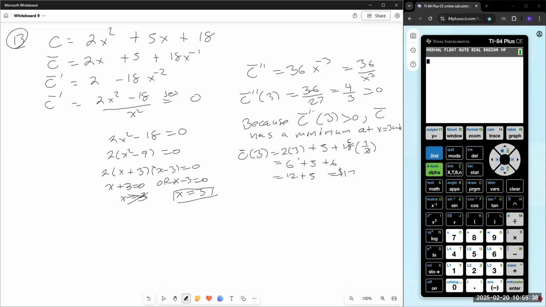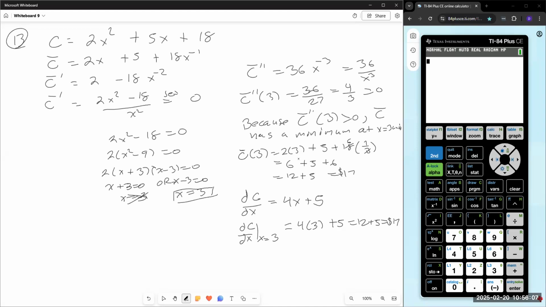Now they want me to find dC/dx as well, the derivative of the original cost function. And that is 4x plus 5. And they want me to evaluate that at x equals 3 as well, and show that 4 times 3 plus 5, which is 12 plus 5, is also $17. Look at that.